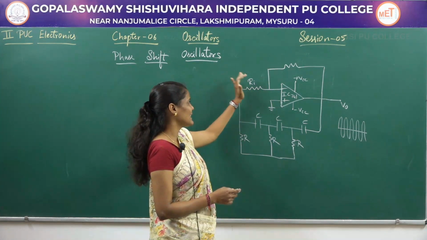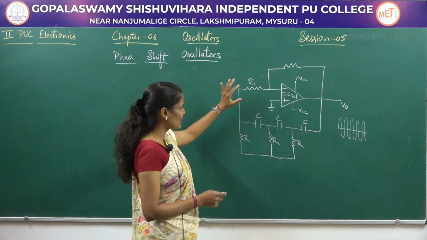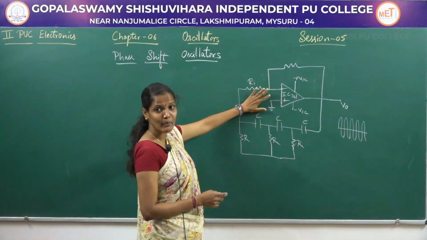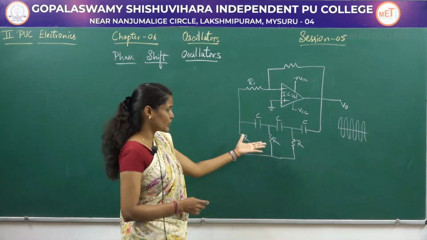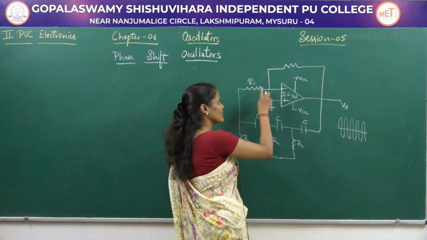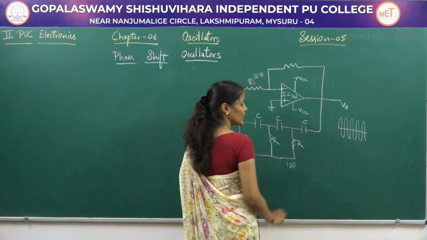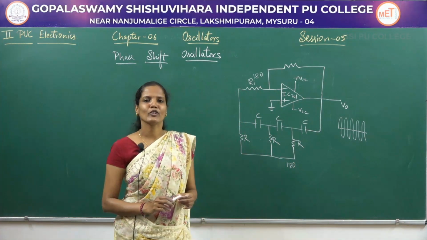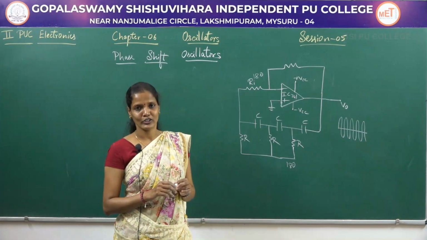Since that is applied to the inverting input terminal of the op-amp, a 180 degree phase shift will be provided by this amplifier circuit, whereas another 180 degree phase shift will be provided by this feedback circuit. So totally there will be a phase shift of 180 degrees plus 180 degrees, which is equal to 360 degrees, which is one of the most important criteria in order to generate electrical oscillations.